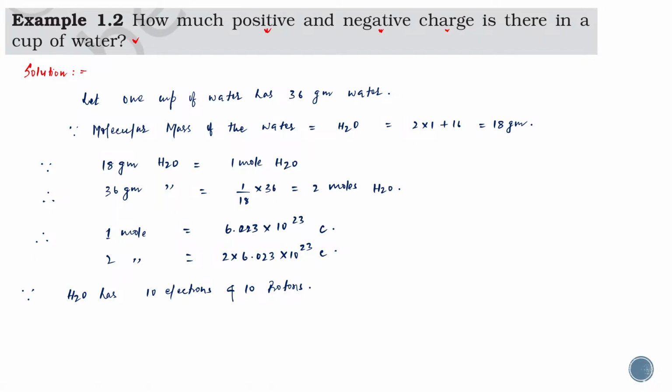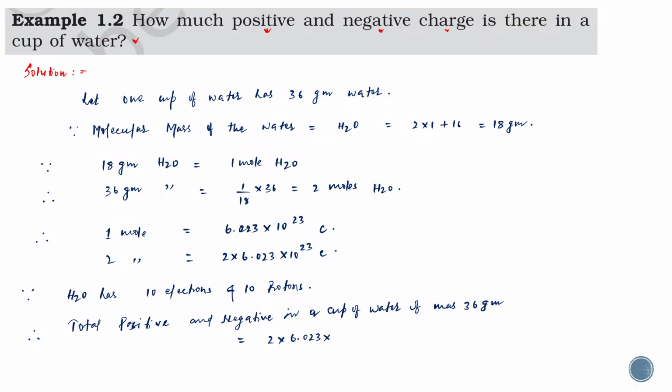Therefore the total positive and negative charge in a cup of water of mass 36 gram equals 2 into 6.023 into 10 to the power 23 into 1.6 into 10 to the power minus 19 into 10.